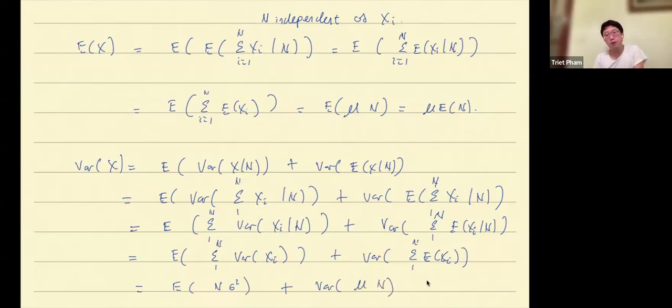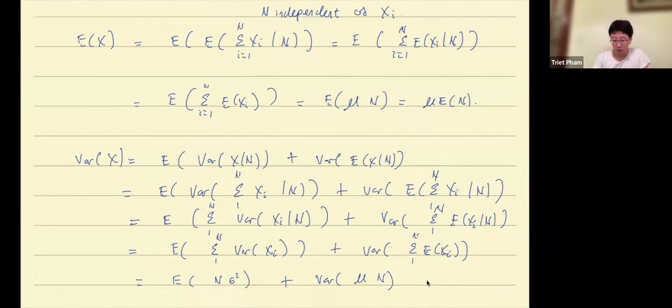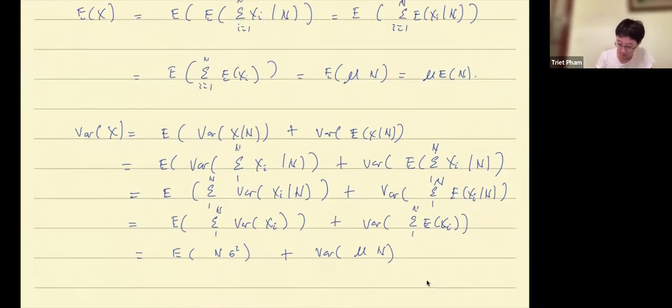Like that, okay? But the last step, if you're not careful, you will still make a mistake. The first thing is sigma squared times expectation of N, but the second one will be mu squared times variance of N, okay?